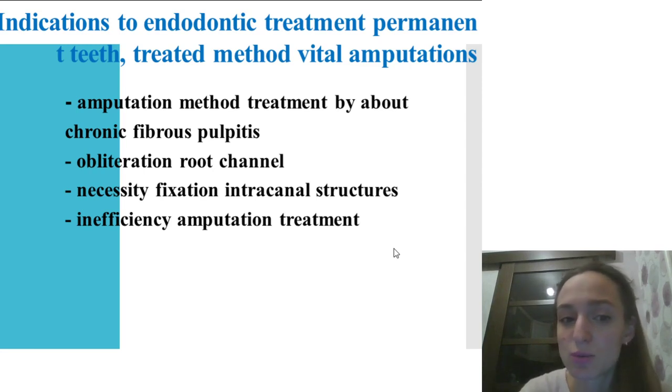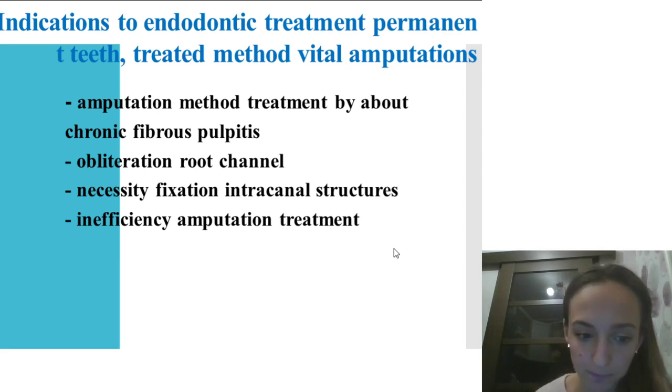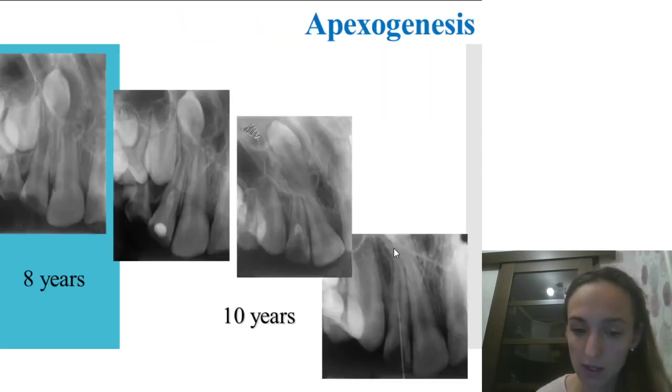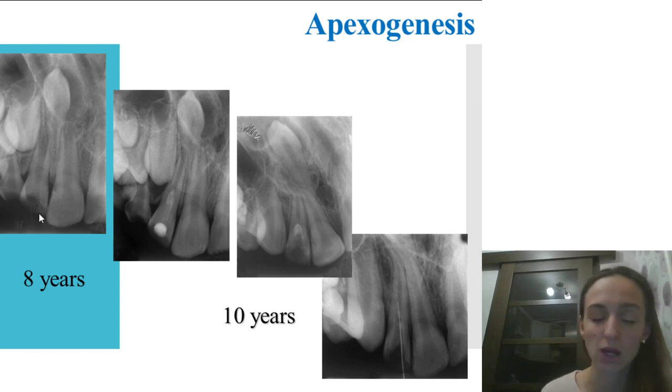Amputation method treatment of chronic fibrous pulpitis, then obliteration of root canals, necessity of fixation of intracanal structures, and inefficiency of amputation treatment. Apexogenesis after it is 8 years and 10 years, and please look at the X-ray.